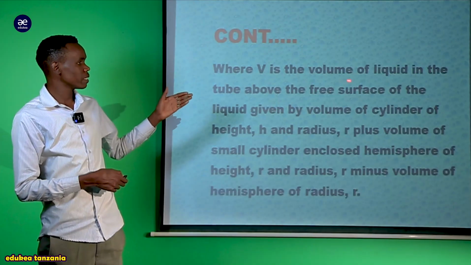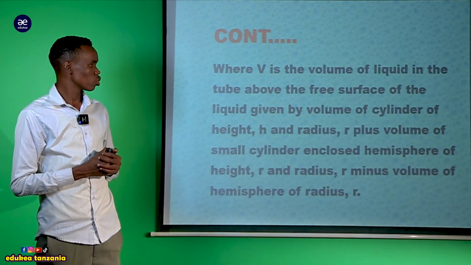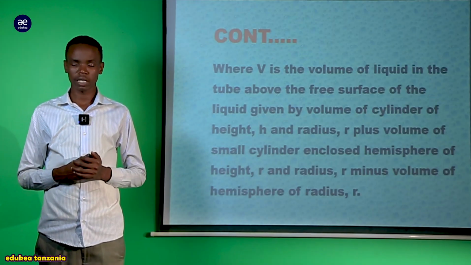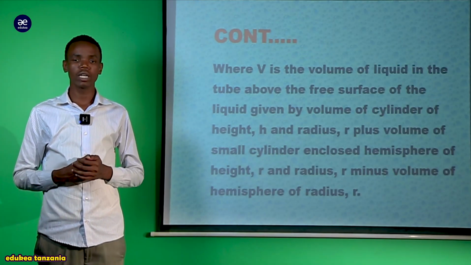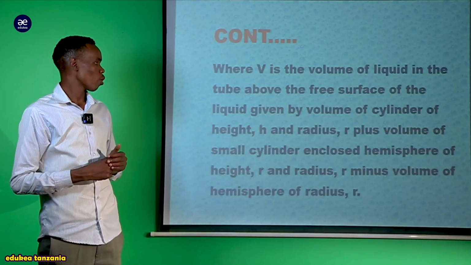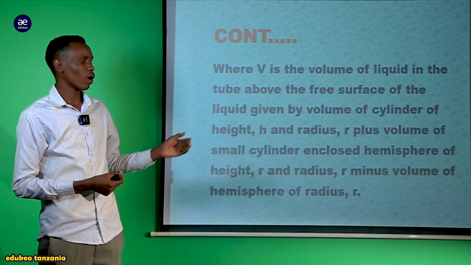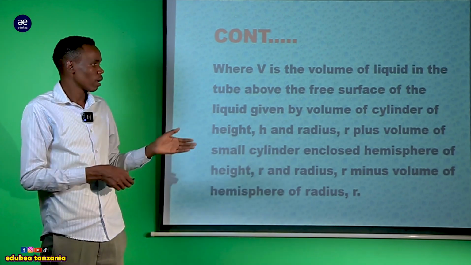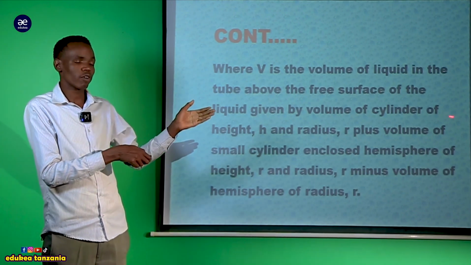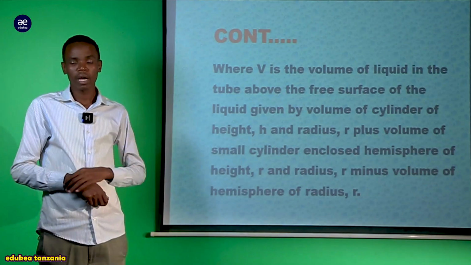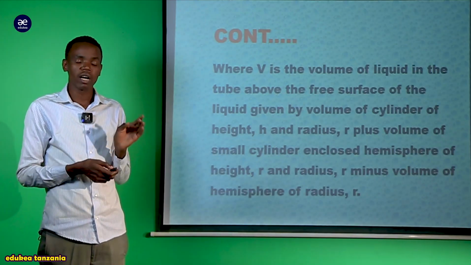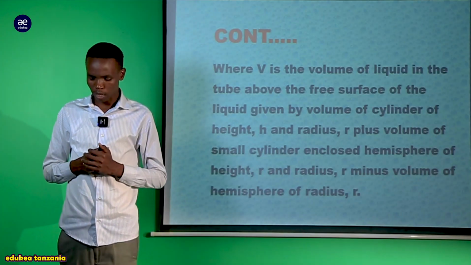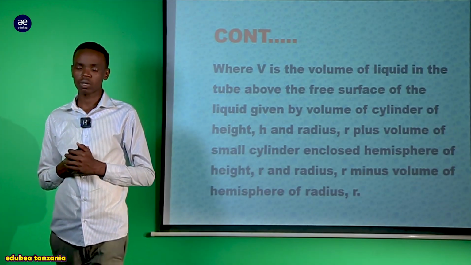Where V is the volume of the liquid in the tube above the free surface of the liquid, given by the cylinder. So V here represents the volume of the liquid in the tube above the free surface of the liquid, which is given by the volume of the cylinder at the height h. For this volume, V will represent the volume of the liquid as we have seen here, my lovely students.